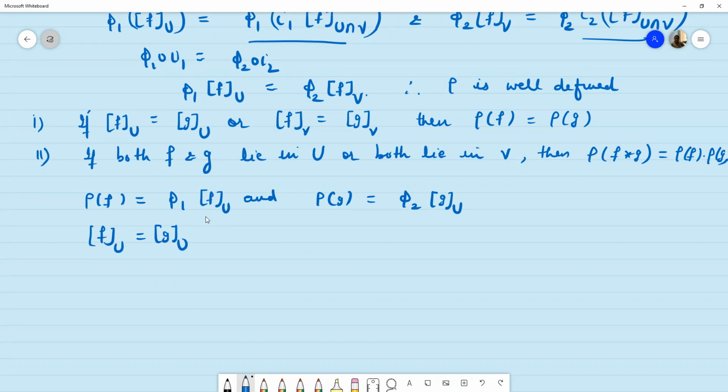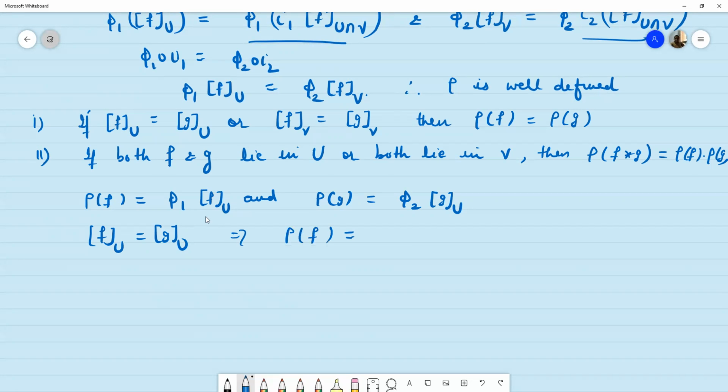So if they are the same, then their images under the mappings phi1 and phi2 are the same, because phi1 circle I1 is equal to phi2 circle I2. So this Fu is equal to I1 of F at U intersection V, and this is I2 of G at U intersection V. So if these two are equal, then phi1 circle I1 and phi2 circle I2 are the same. So that's why rho F and rho G are the same by definition.